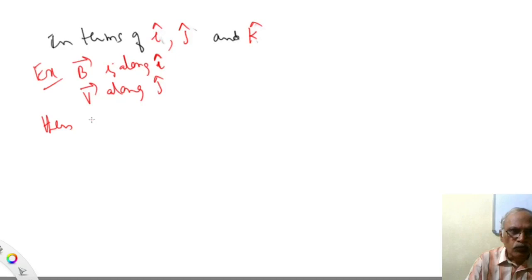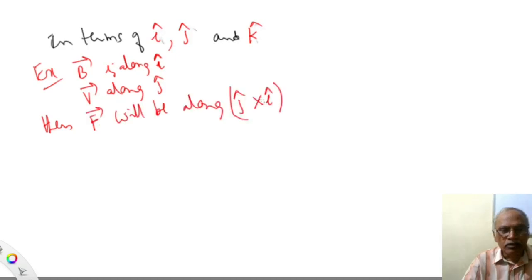V bar cross B bar means J cross I, and J cross I means minus K.